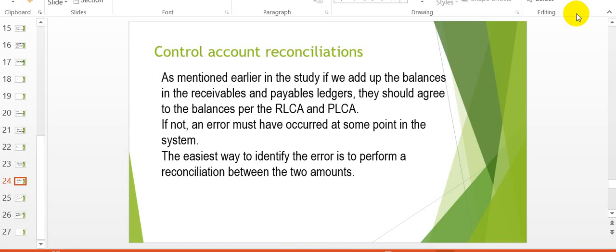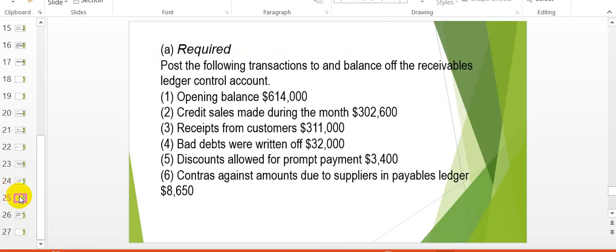We'll look at an example question. In this example question, you are requested to post the transactions and balance the receivable ledger control account. By now you should be aware that the receivable ledger control account has got a debit balance, being an asset.